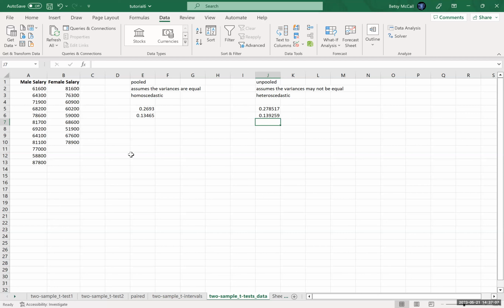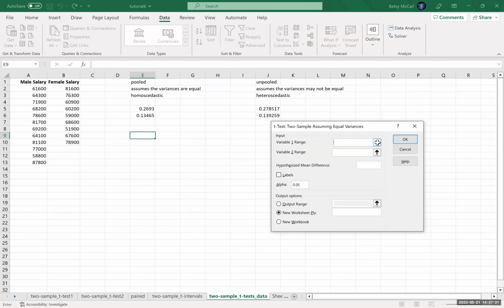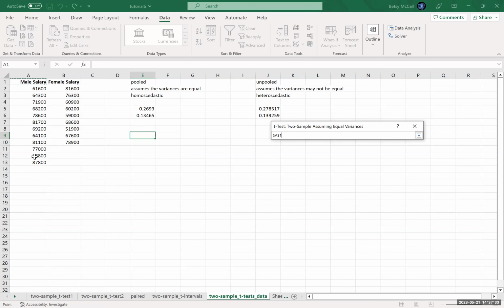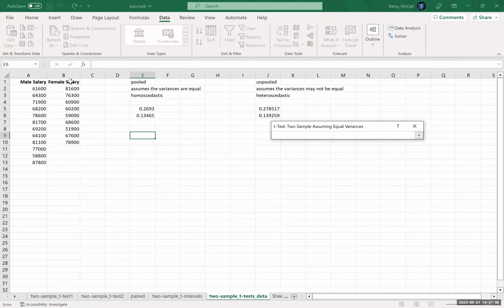All right, so that's the built-in formulas. Let's now look at the data analysis tool pack and see what that output looks like. Again, at the very bottom of our menu, we have the same options: paired, two-sample equal variances, two-sample unequal variances. The pooled is the equal variances, and variable 1 range is here, and variable 2 range is here.